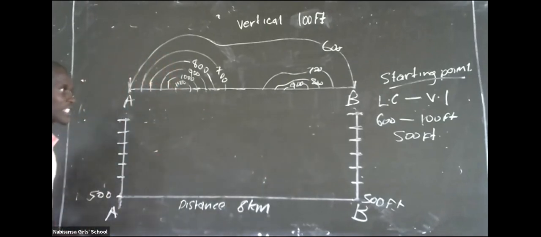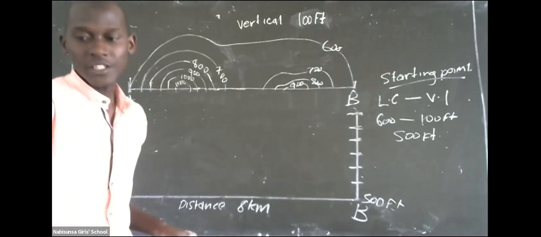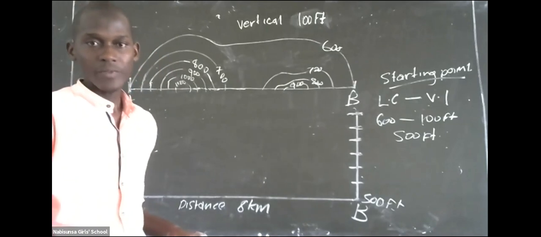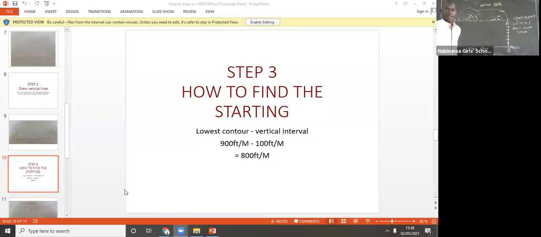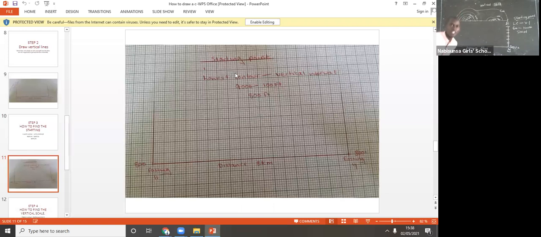Now, the next stage. As you have seen here, what we have done, this is the method. This method, you don't do it on the graph paper. It's side work. Am I clear? You do it on your rough paper.